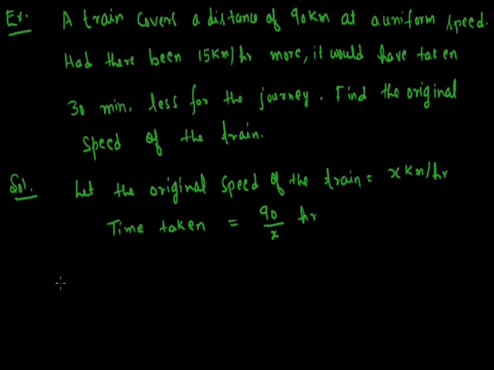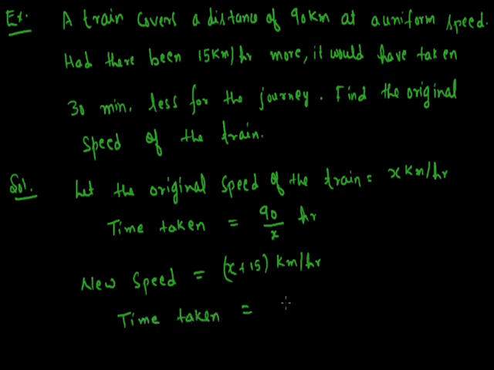Now if its speed is 15 km per hour more, the new speed of the train is x plus 15 km per hour. So in this case the time taken to cover 90 km is 90 upon x plus 15 hours.